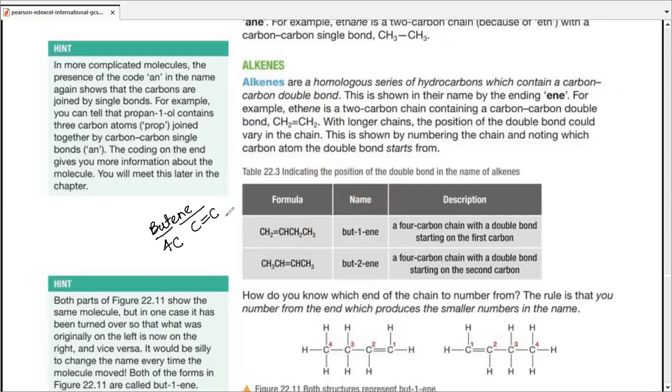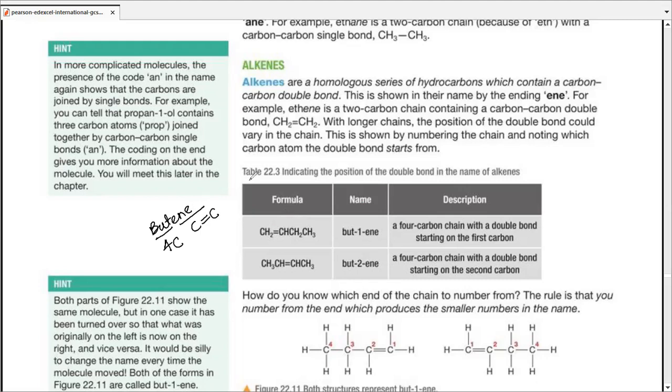That doesn't mean all the bonds are double bonds. It just means there would be at least one double bond in the structure. And we usually study the compounds that have one double bond. There are compounds that have multiple double bonds in the structure, maybe 2, maybe 3, maybe more, but we only study the ones which have one double bond to make it easier for the student.